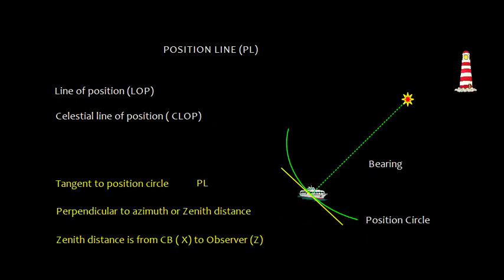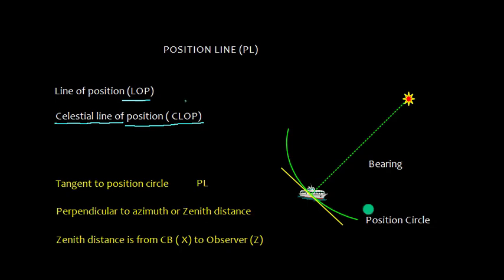So, now what I do, I have replaced this lighthouse. This was the lighthouse. I have replaced this lighthouse with the celestial body whose geographical position we have calculated. Now, this line of position is also called celestial line of position, or CLOP.